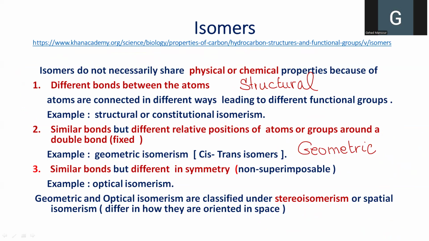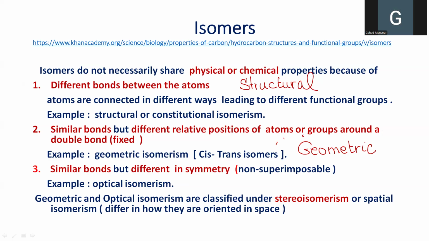But there is another, more complicated type of stereoisomerism, called optical isomerism. Both geometric and optical isomerisms are stereoisomerisms, resulting in different arrangements in space.